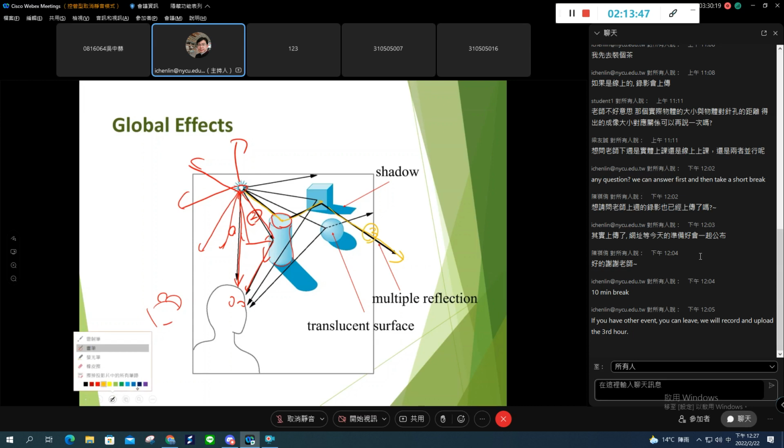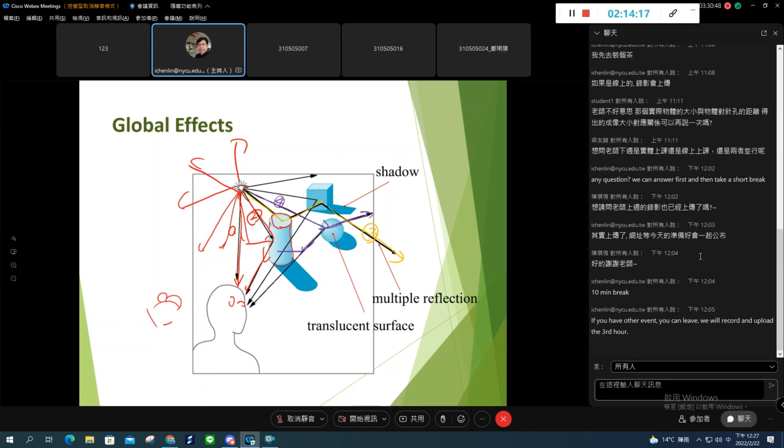And sometimes, depending on your material, your light can go through some transparent or translucent object, such as a glass bowl here. In this case, your light will be partially reflected and partially transmitted across the glass bowl.